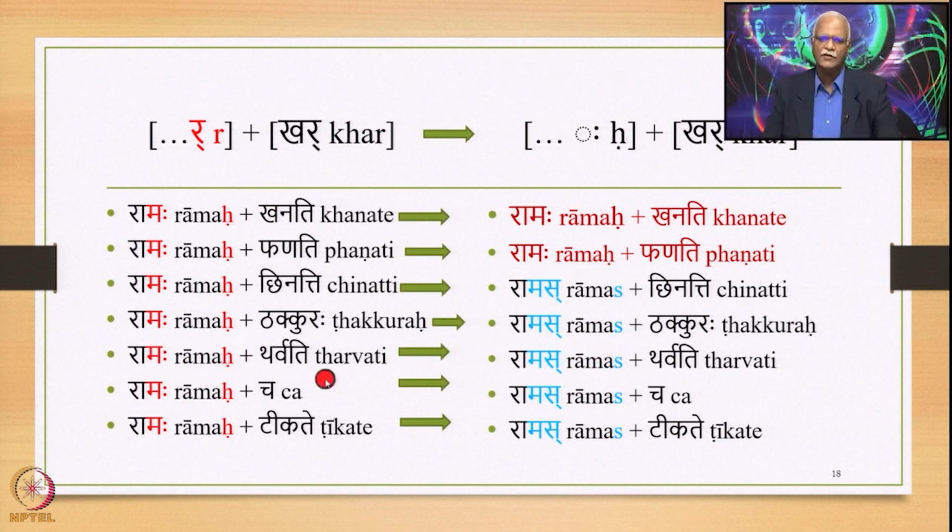So Ramaha and Tharvati, and once again we have this visarga being substituted into s, so Ramas Tharvati. Then Ramaha plus ch, and this visarga is substituted by s, so we have Ramas ch, then Shtunashtuhu applies and we get Ramascha. Then Ramaha plus Tikate, and we have the output Ramas Tikate.